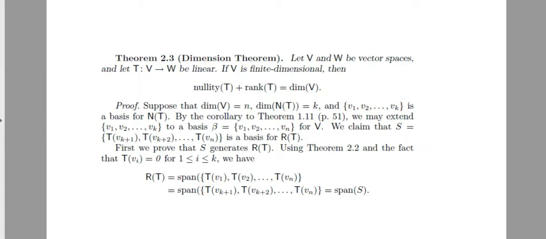So range space of T is equal to span of T(v1), T(v2), ..., T(vn). We have seen this under the previous theorem. Now since all from v1 to vk are mapped to 0, this is equal to span of T(vk+1), T(vk+2), ..., T(vn), which is equal to span of S.